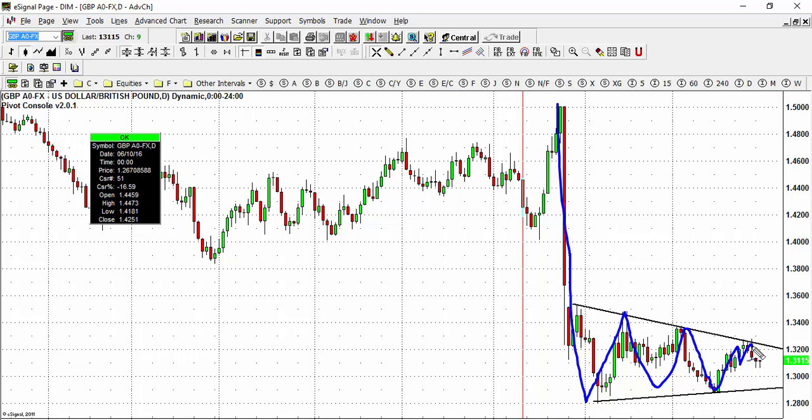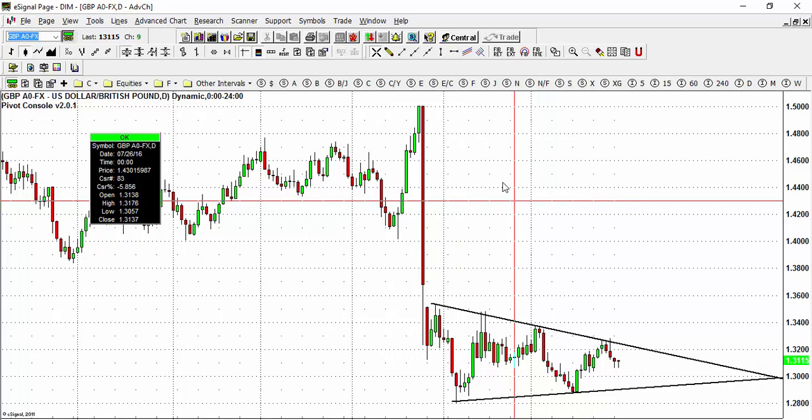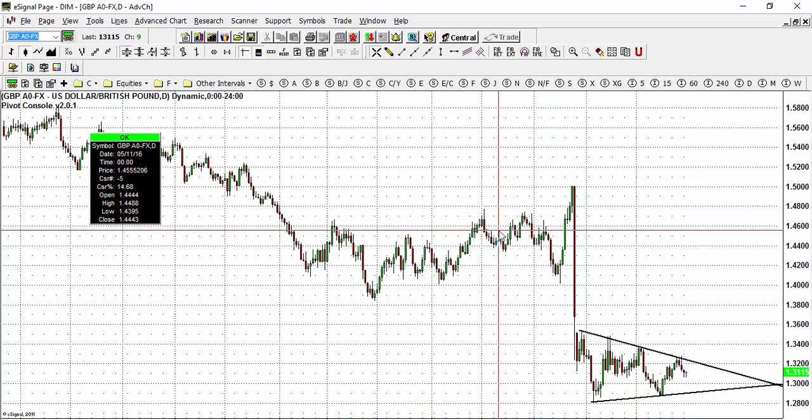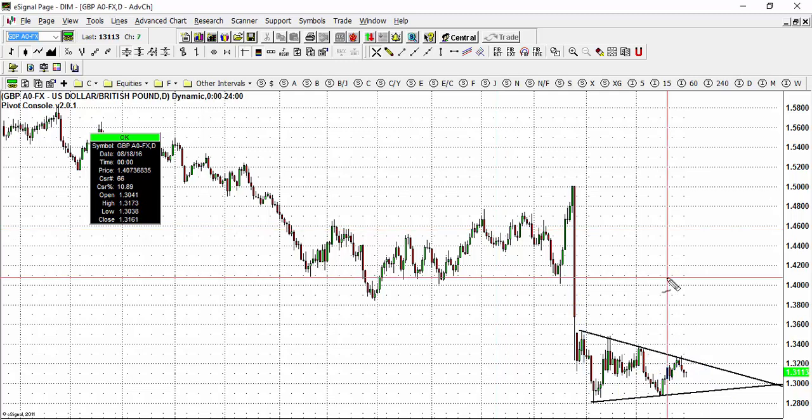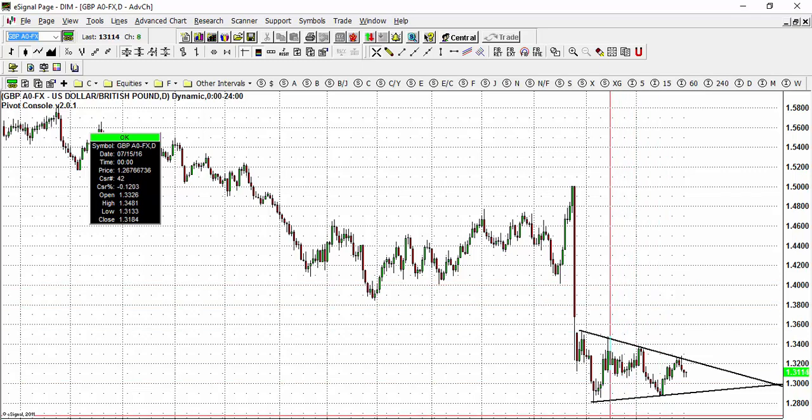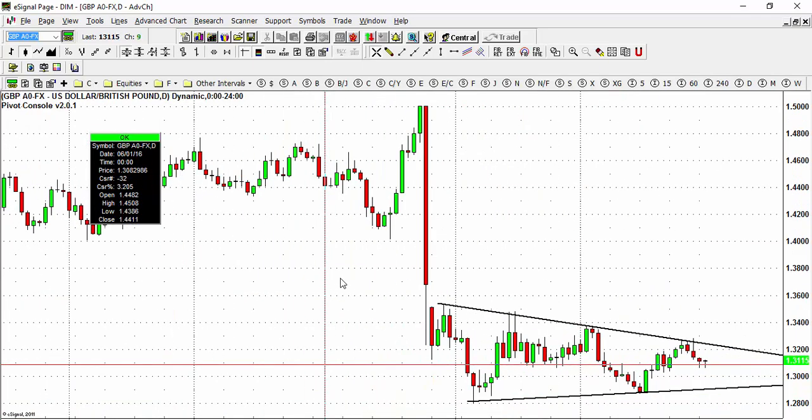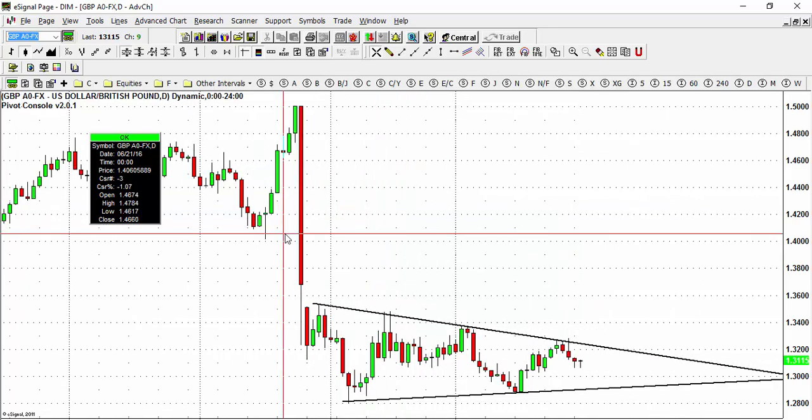And from the lessons of technical analysis, it states that once we enter a triangle in a downtrend, the market more than likely will continue in the direction from which it came. So what we could see is a break below this 128 level and a continued move to the downside with the British pound. Will it move to the downside definitively? The answer is no. There is probably 80% chance or so of it moving to the downside.